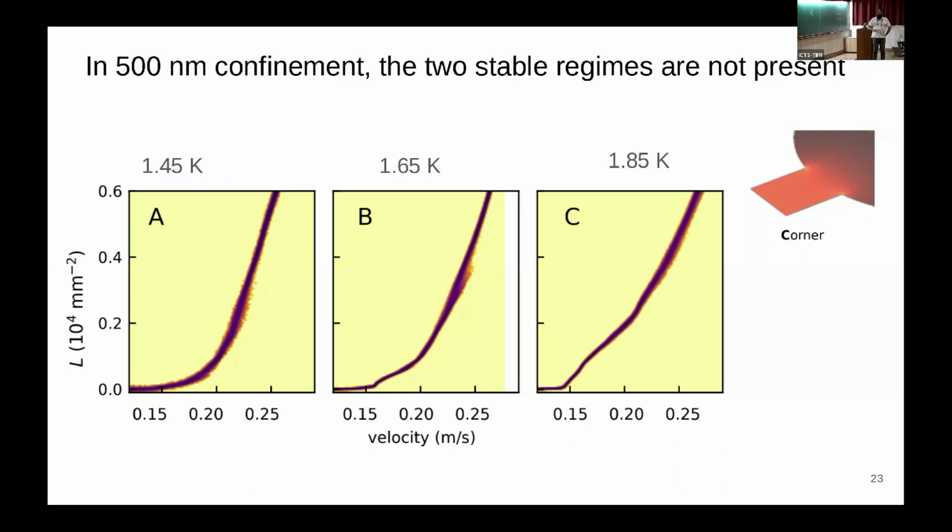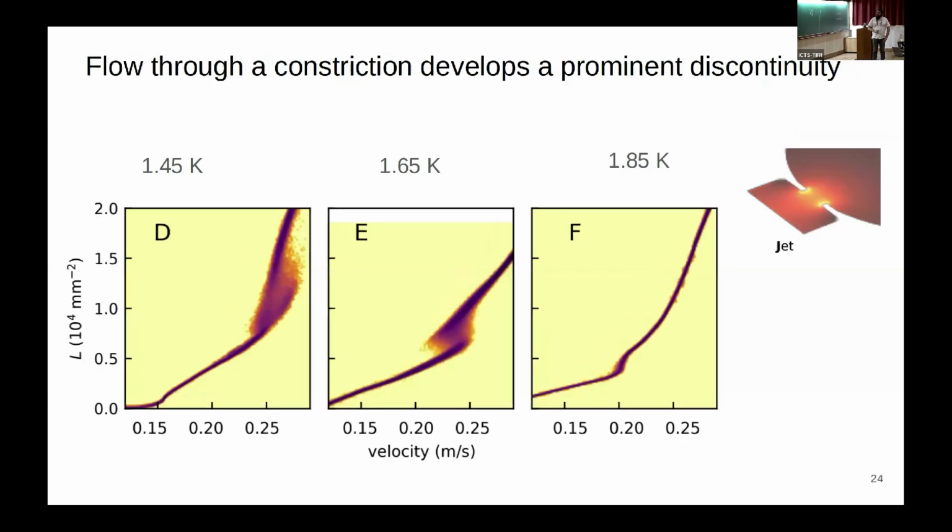So compared to the 1 micron case, we lost the strong bistability in the turbulent case. If you look at the jet case at high temperatures, we see the development of a discontinuous transition, where we have some complicated intermittent switching. It's not hysteretic, but it's discontinuous. At least it's not hysteretic in a statistical sense.